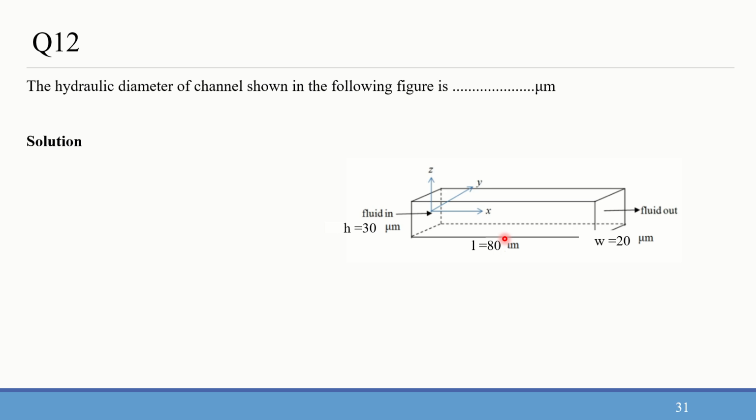Normally in pipe flow we use rho v d by mu, but in rectangular channel flow we don't know what d is. So in these cases we can calculate the hydraulic diameter and use it. So that is the case.